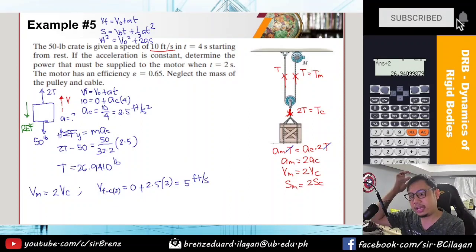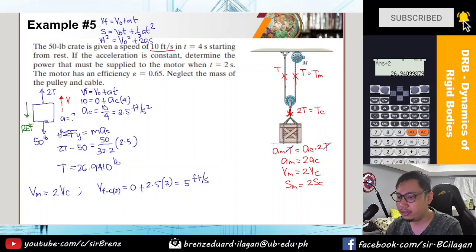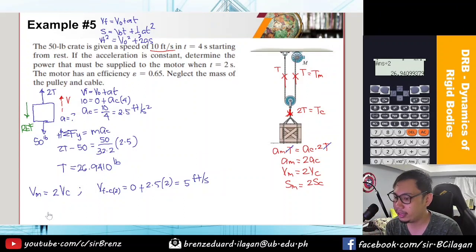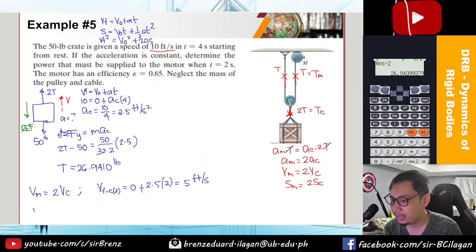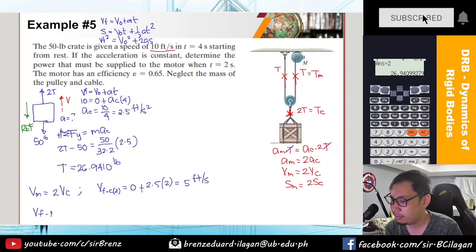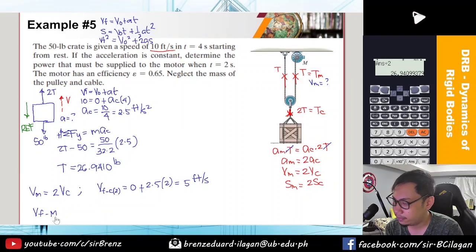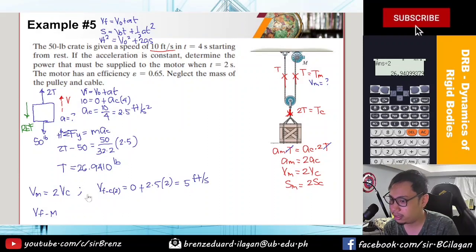Alright, so after getting the final velocity at C, since we are talking about the motor, we need to get the final velocity at the motor, or our velocity M here. So, the final velocity at the motor after 2 seconds.